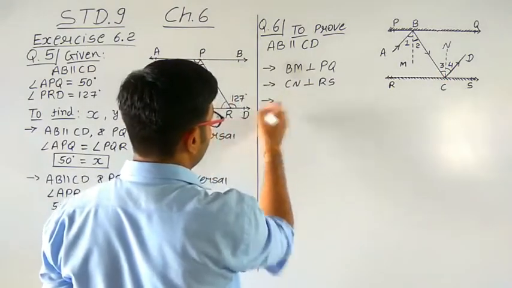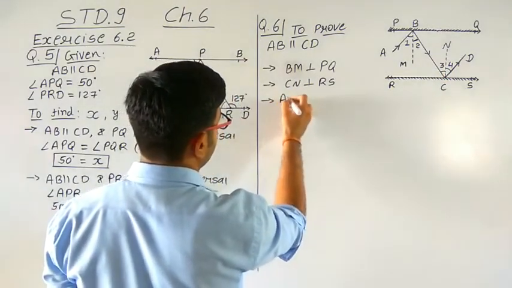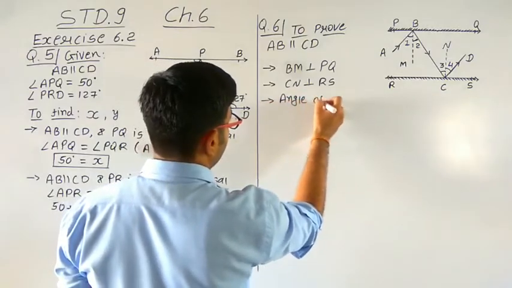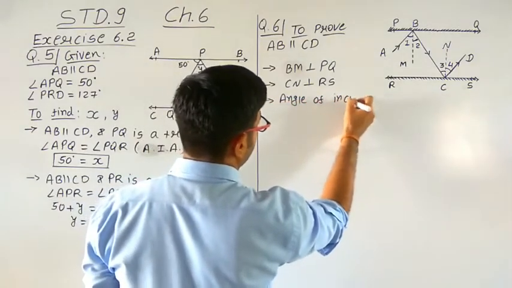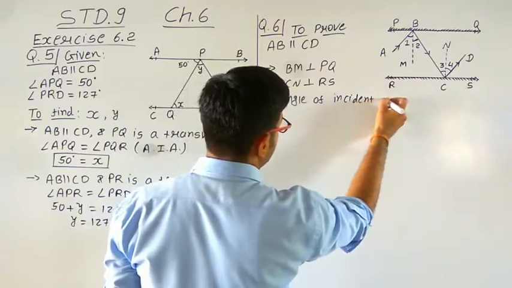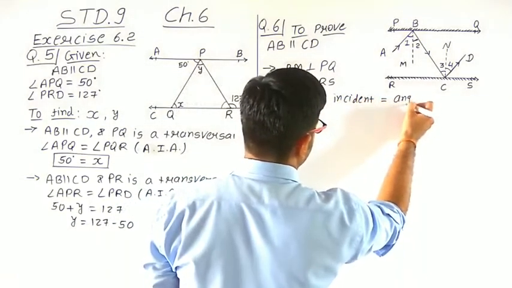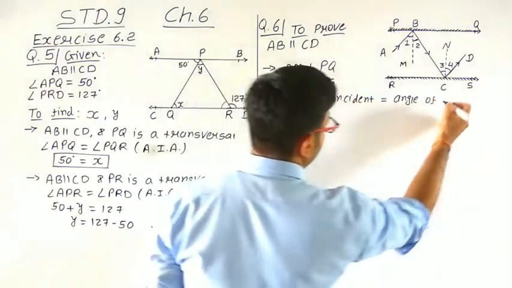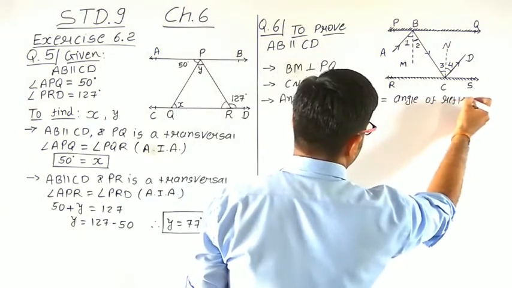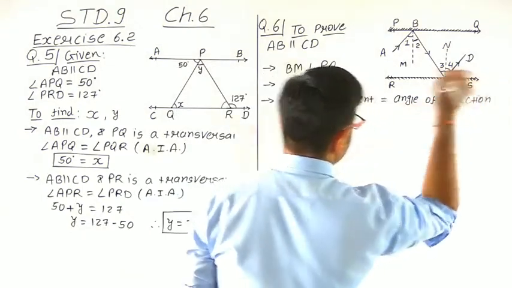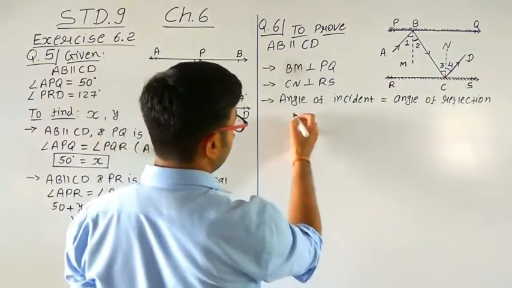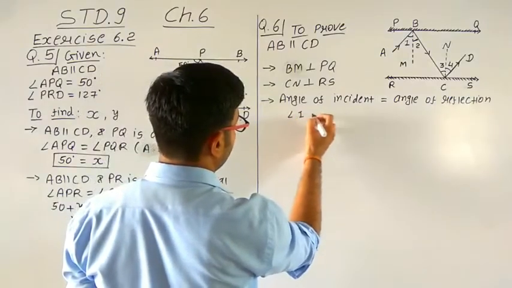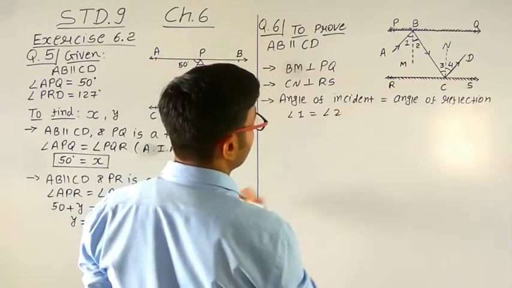Now we can write down that the angle of incidence is equal to the angle of reflection. So here we can write that angle 1 is equal to angle 2.